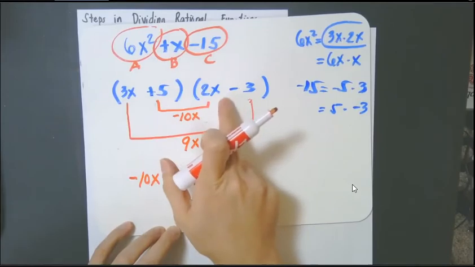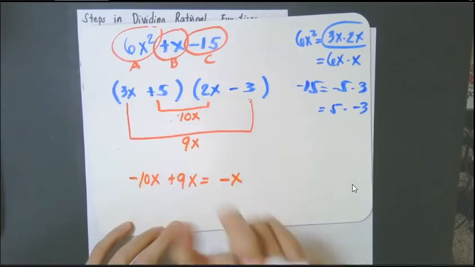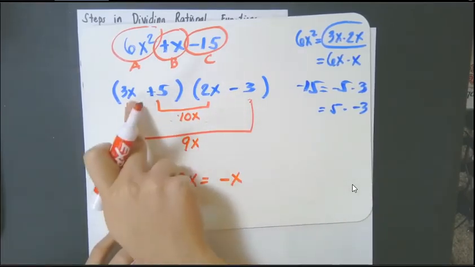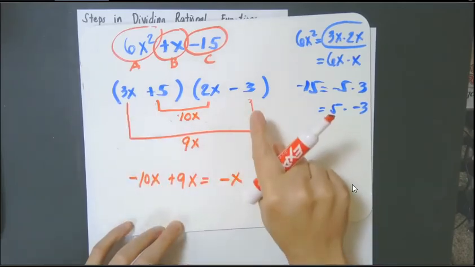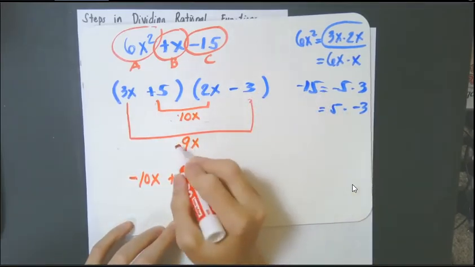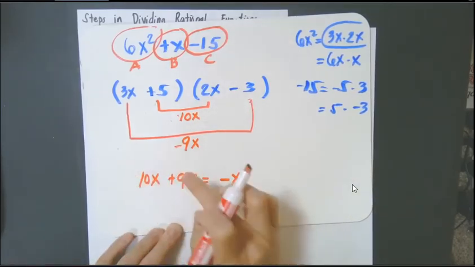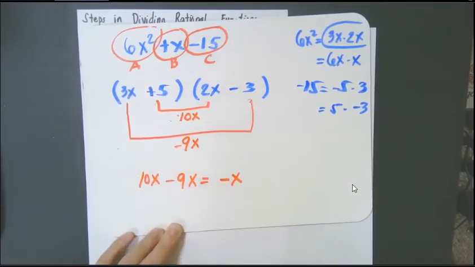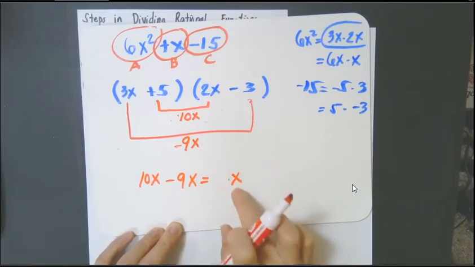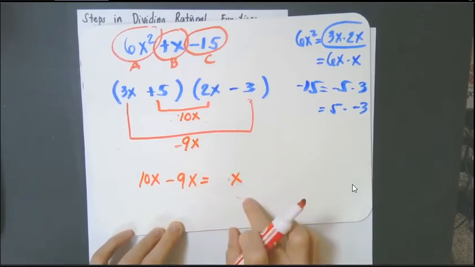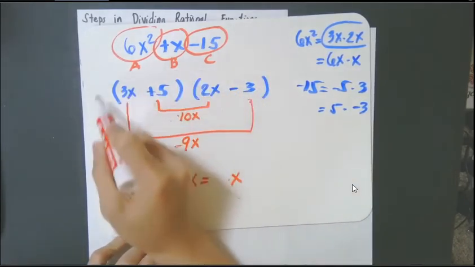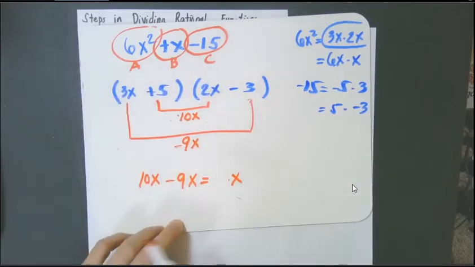Positive 5 times positive 2x is positive 10x. 3x times negative 3 will give us negative 9x. So that's 10x minus 9x, and now we have positive x.